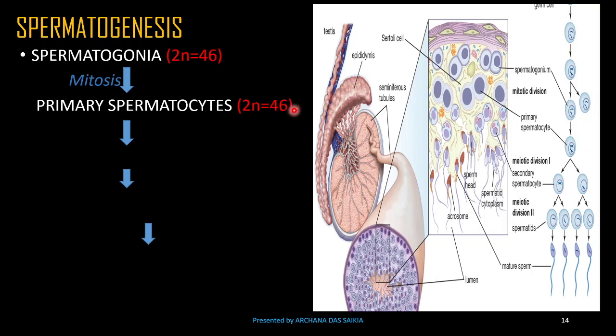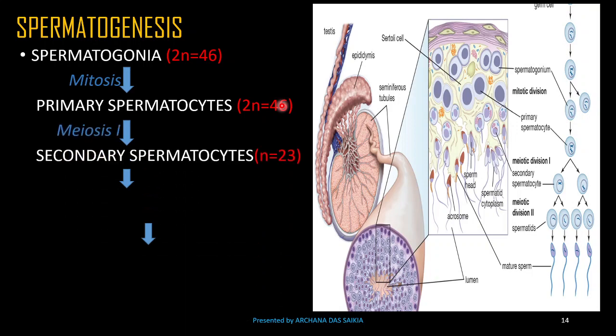Then the primary spermatocytes undergo meiosis. If it is asked which cell starts with meiosis, your answer should always be primary spermatocyte. Meiosis is divided into two phases, meiosis 1 and meiosis 2.